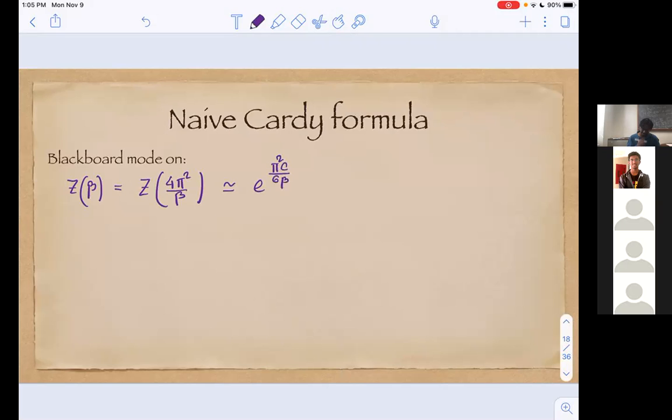So this is e to the pi squared c over 6 beta, plus there are some tails. At this point, the naive argument is that each of these terms in the tails is exponentially suppressed. So in figuring out the density of states, this tail should not matter.